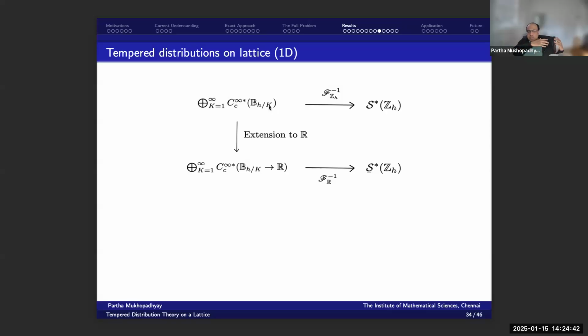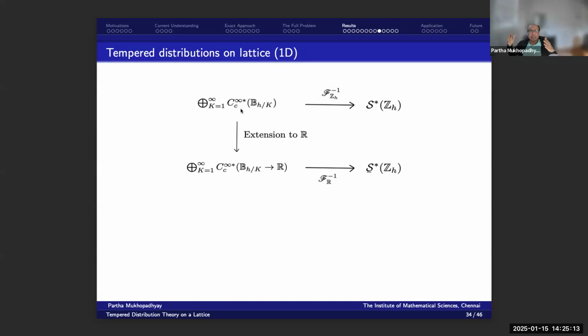The tempered distributions, which are dual to Schwartz functions in the continuum, are obtained by Fourier transforming the distributions that are dual to the bump functions in the Brillouin zone. So you take that space, do the Fourier inverse transformation, go onto the lattice, and that gives you the lattice distributions.